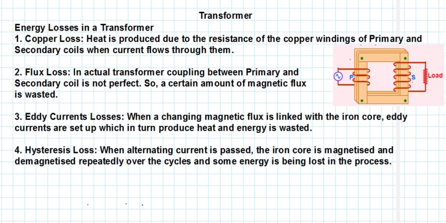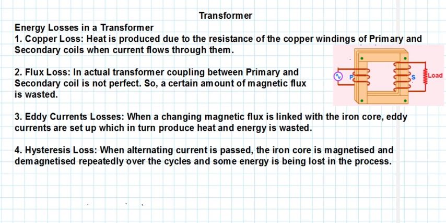Next, hysteresis loss. When alternating current is passed, the iron core is magnetized and demagnetized repeatedly over the cycles, and some energy is being lost in the process.